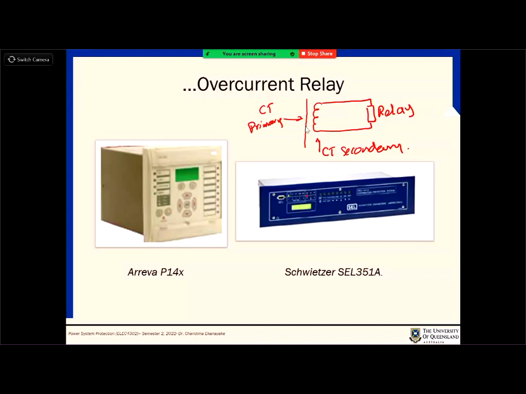Now think about who produced the flux here. Flux in the core is produced by the primary current. Okay? So the primary current produces certain flux here. Now, what is the principal mechanism of operation of a transformer?